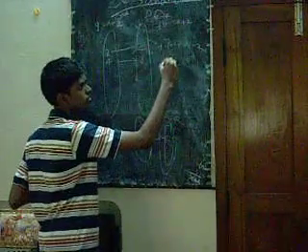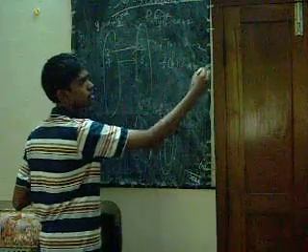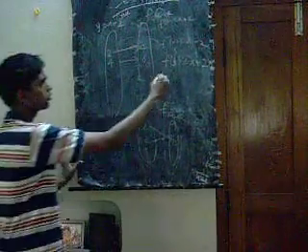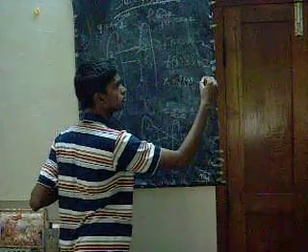f of x is x plus 2. I am giving you the value of x and you are finding f of x. Now you should find x by knowing the value of f of x. So x equals f of x minus 2.